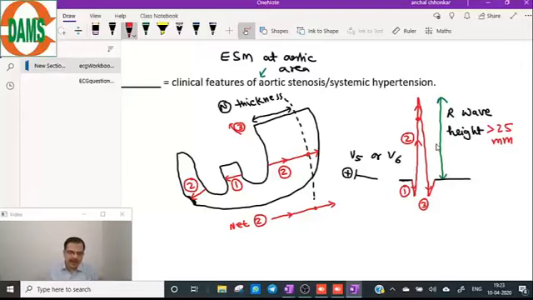But for extra edge, V1 changes are also seen for the LVH criteria to make it more sensitive. When we combine two lead changes, it becomes more sensitive. So what will we see in V1 also?